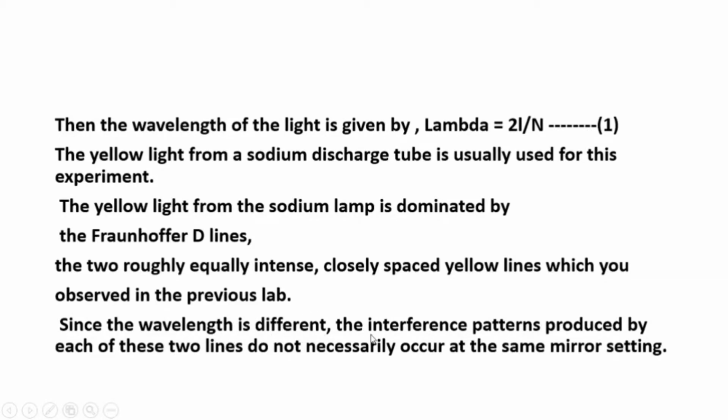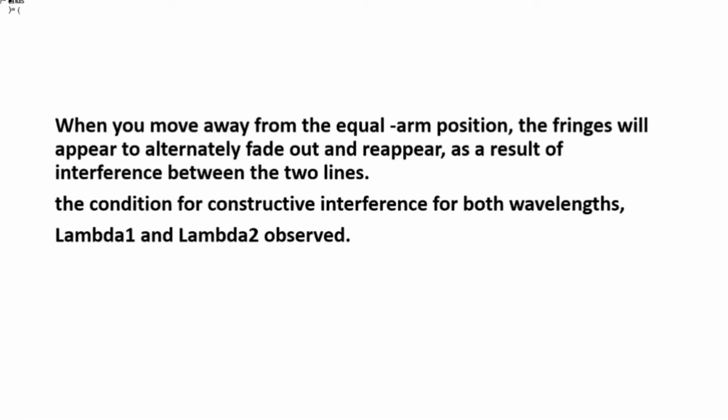Since the wavelengths are different, the interference pattern produced by each of these two lines does not necessarily occur at the same mirror setting. When you move away from the equal arm position, the fringes will appear to alternately fade out and reappear as a result of interference between the two lines. The condition for constructive interference for both wavelengths lambda 1 and lambda 2.